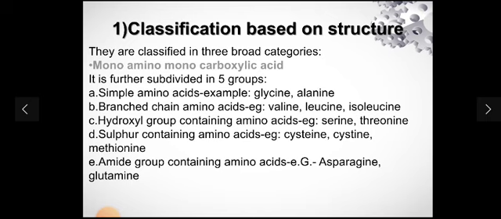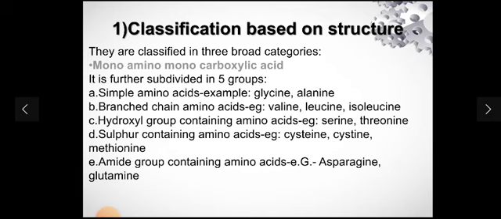They can use a sulfur bridge to form two molecules, okay? But they are just the same thing. And we have the last one in this group, the amide group containing amino acids, something like asparagine and glutamine.